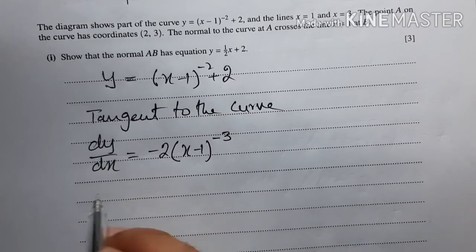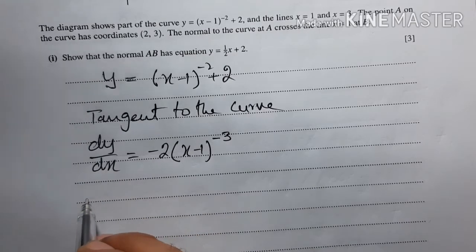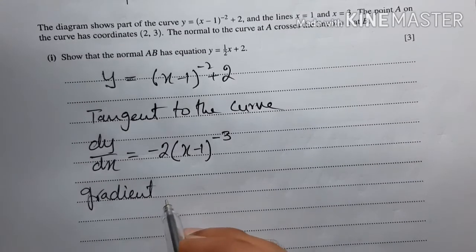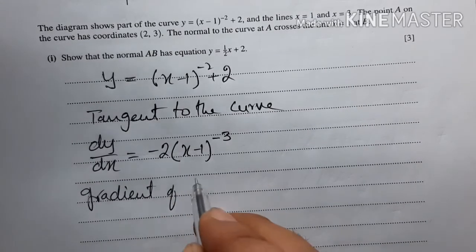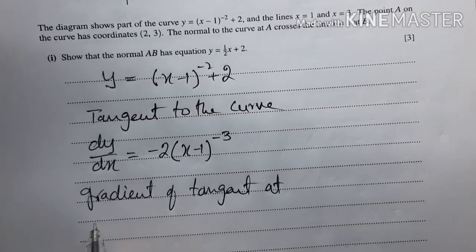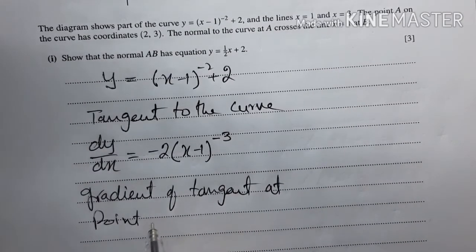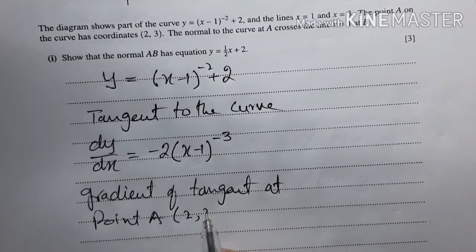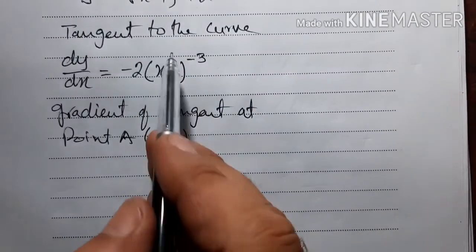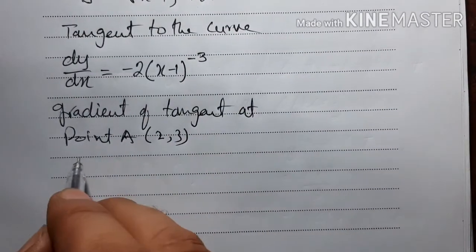So the value of the gradient of the tangent at point A, (2, 3), I'll put x equal to 2 here.